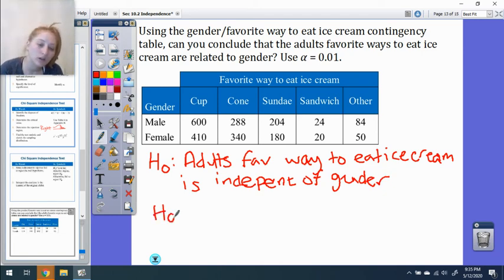And then our alternative would be essentially the same thing, except instead of independent, we're going to say dependent.